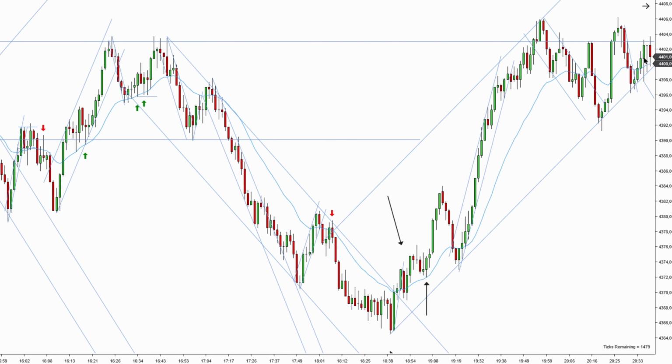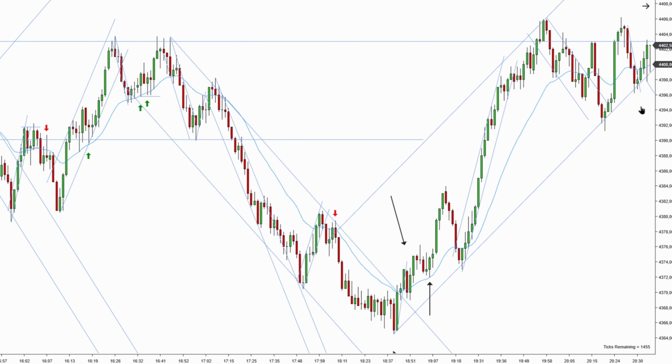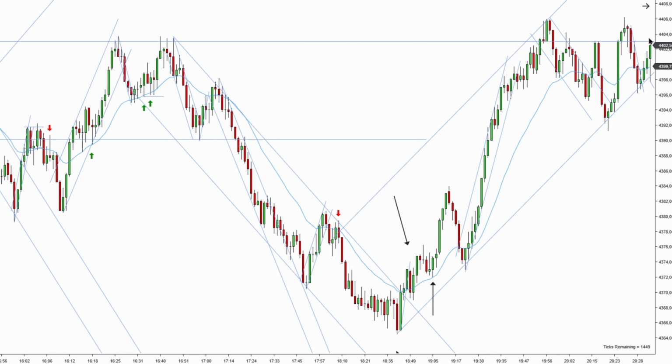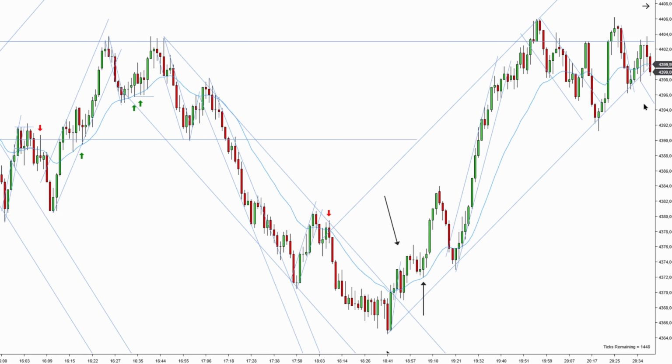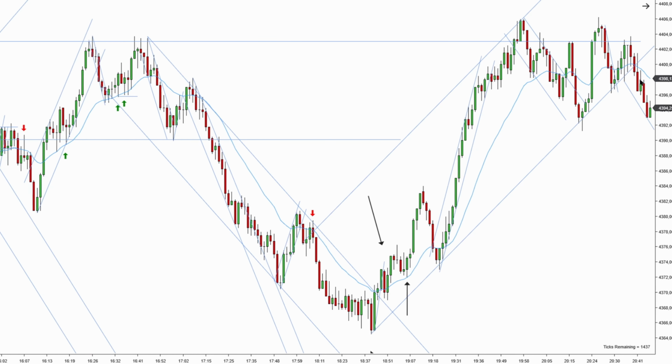When I was watching this, it looked like you're going to have enough room to here, but it managed to close all the way up to here at these very highs. And when you're watching this, you cannot go long right here in this wedge, unfortunately. So this bar closed way too big, and then the market strongly pushed below the EMA. So there is no really great setup to capitalize on such a huge bullish move up.